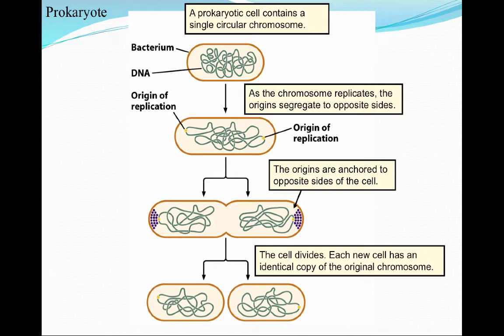So that cell division is where cytokinesis is going to take place, and the cytoplasm is actually going to divide, and a cell wall or a plasma membrane is going to be formed around both the existing cell and the new cell.